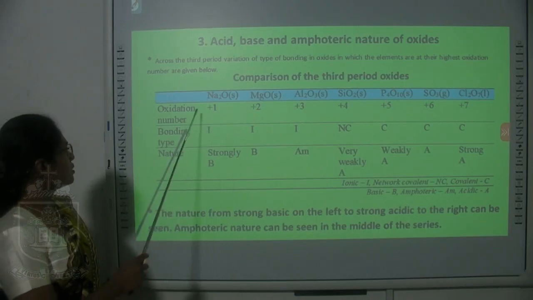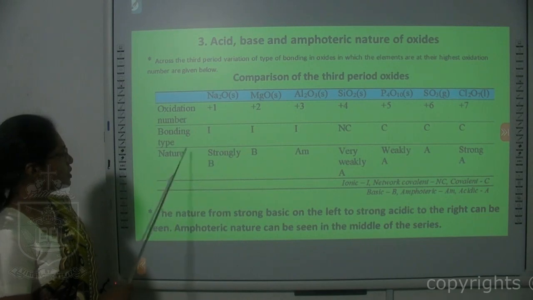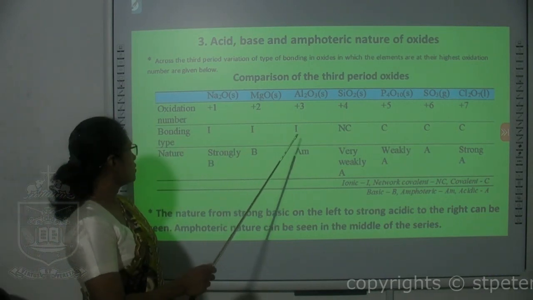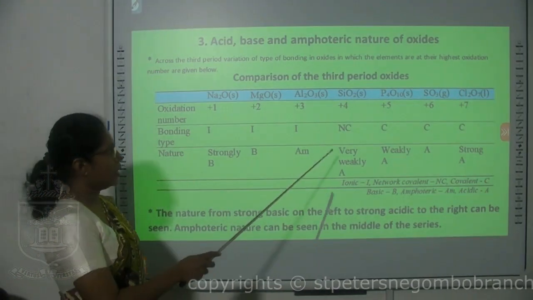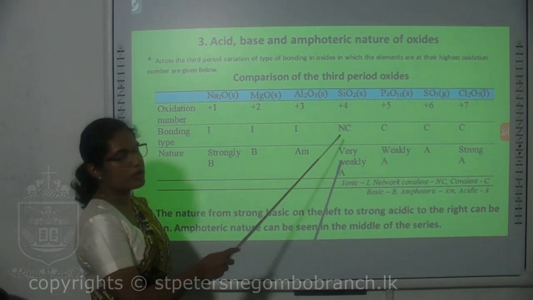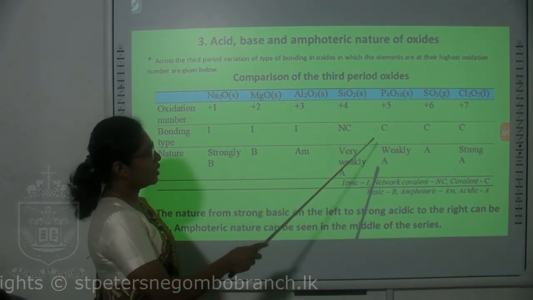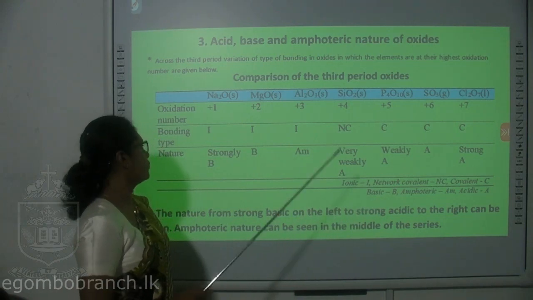If we take the oxides, the first three elements show the ionic bonding type, silicon dioxide shows the network covalent bonding type, and the other three elements show the covalent bonding type.